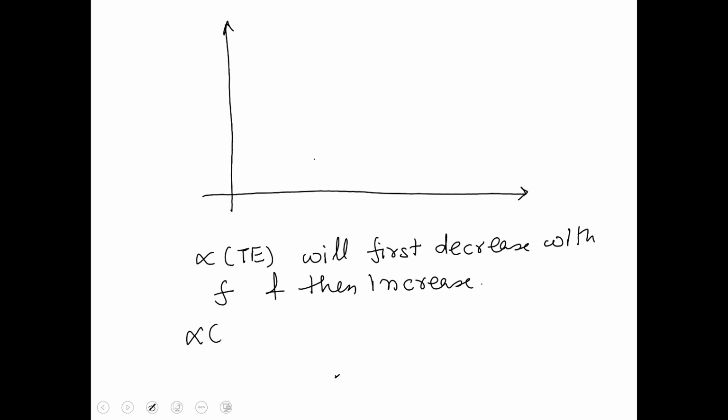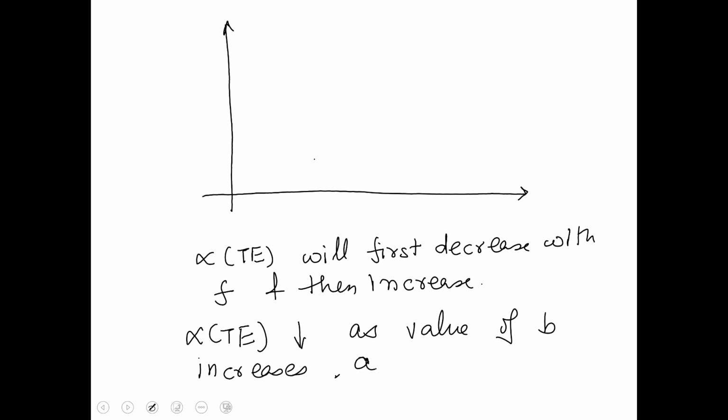And alpha TE decreases as the value of B increases, as the A by B ratio decreases.